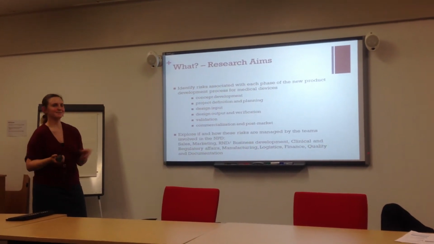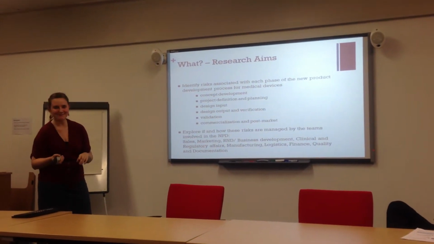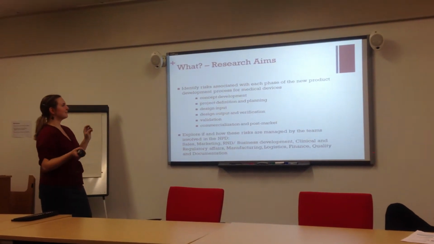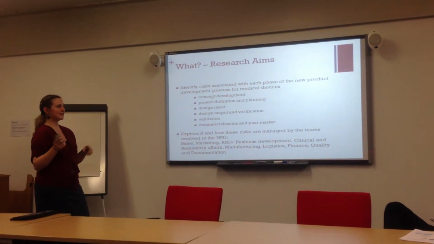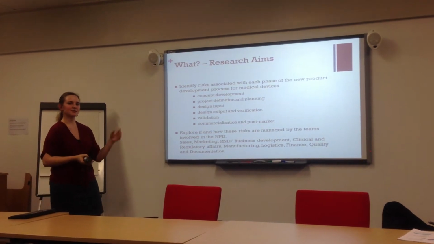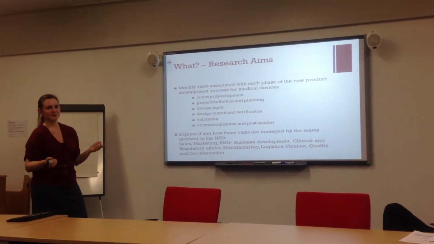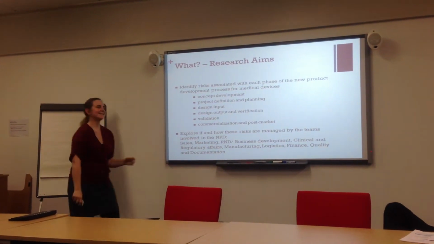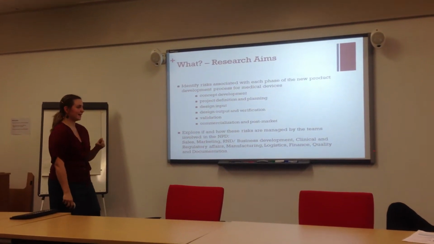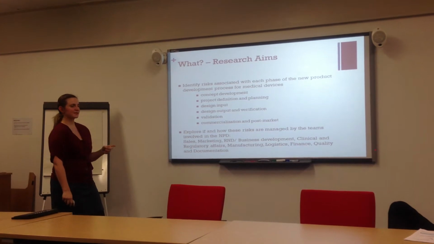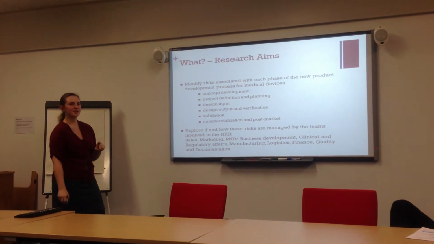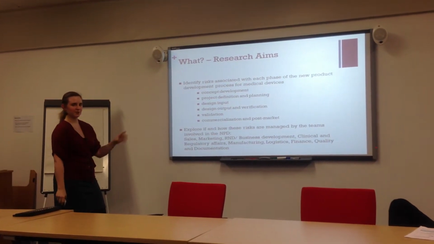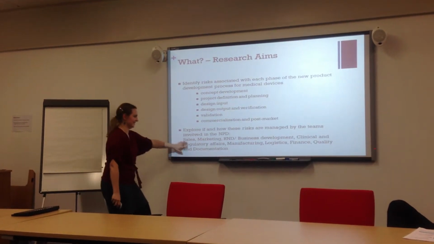Okay, so what do I plan to do in my research? First of all, I want to identify the risks associated with the different steps of the new product development life cycle, which are these. Then I want to see if and how risk is managed, because there are several teams involved in new product development, which are these.